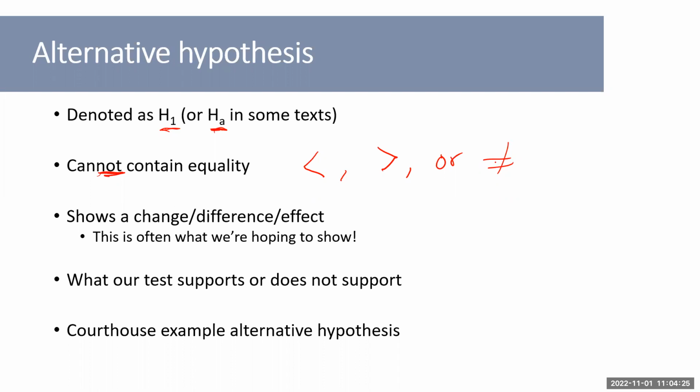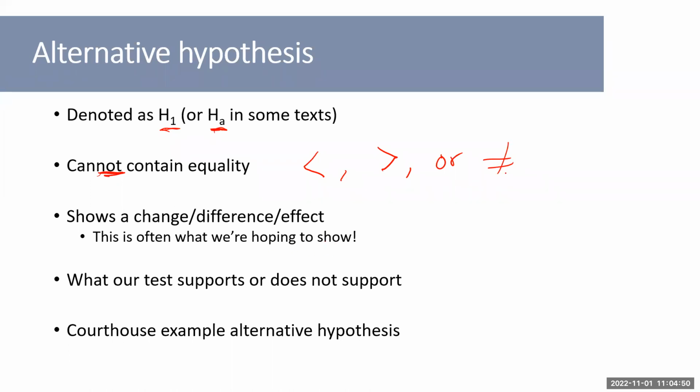The alternative hypothesis shows something is going on. It shows that there's a change or a difference or some sort of effect going on. Now, often, even though our null hypothesis is the claim that we're working with, the alternative is what we're hoping to show, right? Think about the prosecution, right? They're hoping to show that he's guilty, right? So don't get bogged down by what you're wanting to show, okay?